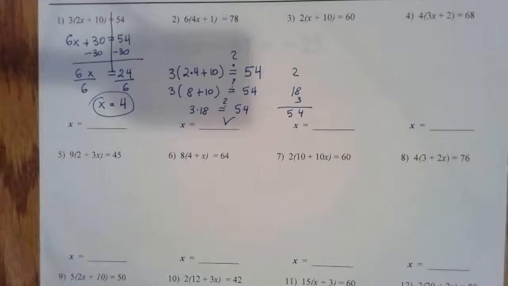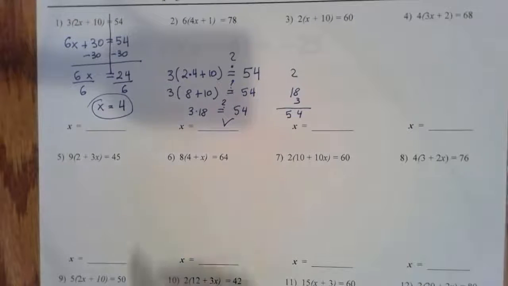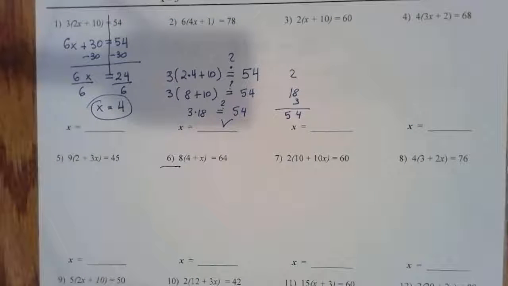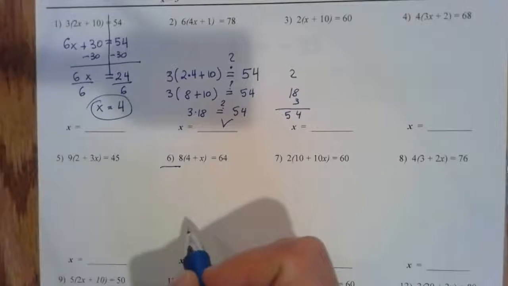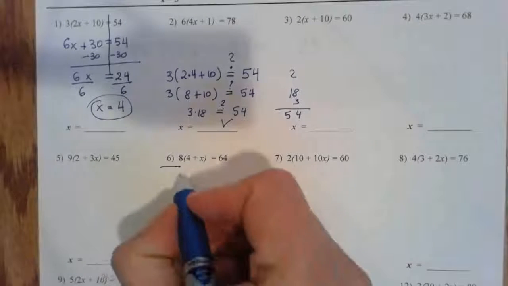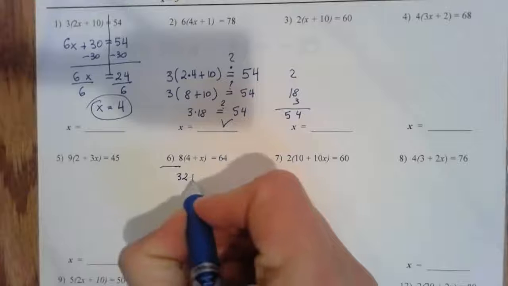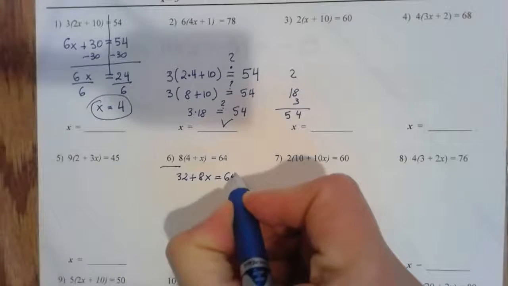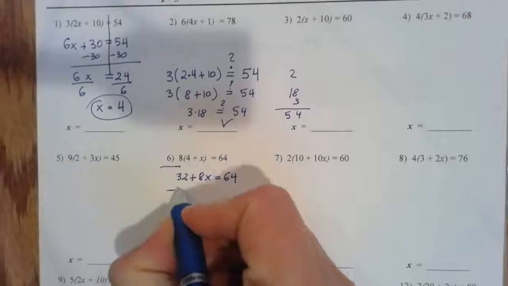I would like you to try the easy one by yourself. So go ahead and do problem number 6. Okay, good job. Let's see if you did it right. So you're going to multiply first with the distributive property. So 8 times 4 is 32 plus 8x equals 64. I'm going to subtract 32.